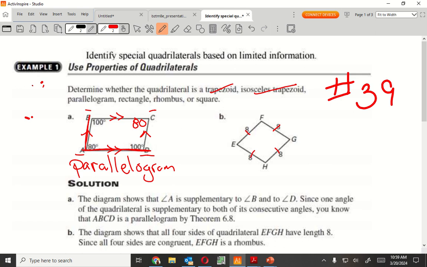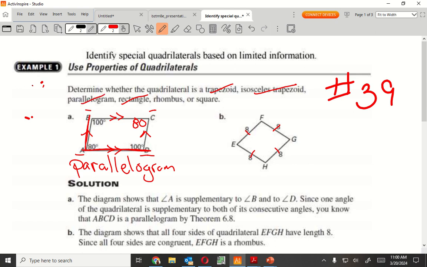If all the sides are 8, that means I have 4 congruent sides. Does a rectangle have 4 congruent sides? No. Rectangles' top and bottom are different than the 2 sides. So this one cannot be a rectangle, and it's not going to be a parallelogram.